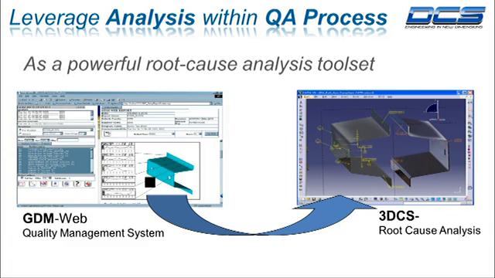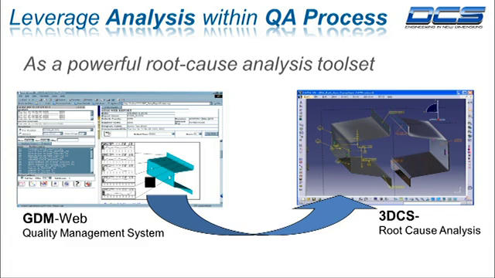And then finally, closing the loop, if you will, taking the information that is collected and used to validate the quality process, in this case using the QTM web quality management system that's used to control or manage the build quality process, and loading that data back into the original analysis model that was used to simulate the process.